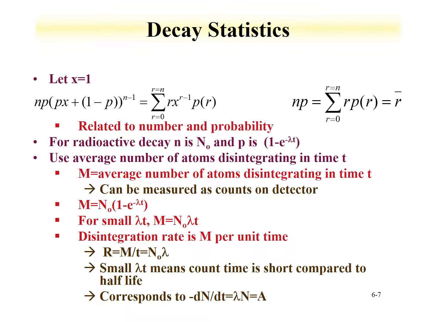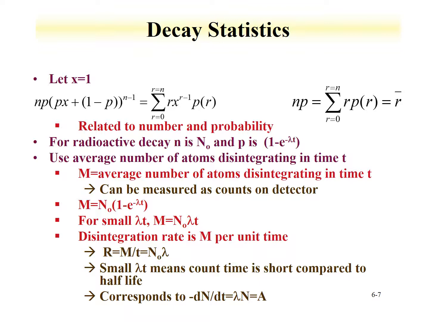Usually lambda t is small, and this means that m winds up being equal to N0 lambda t. And I can even use this to talk about rates. We have to talk about disintegration rates where it's counts per unit time, so counts per minute, counts per second.